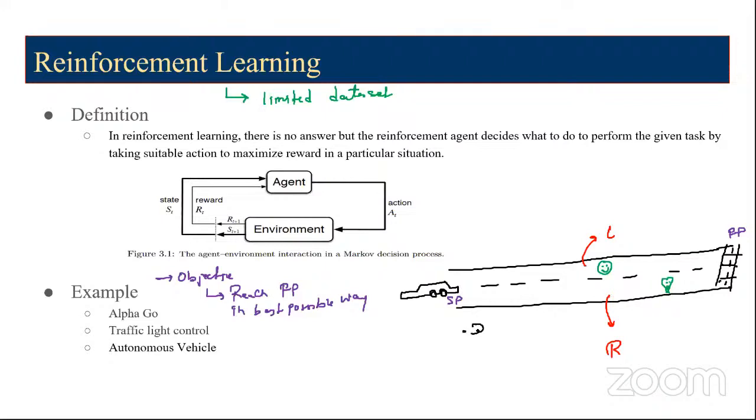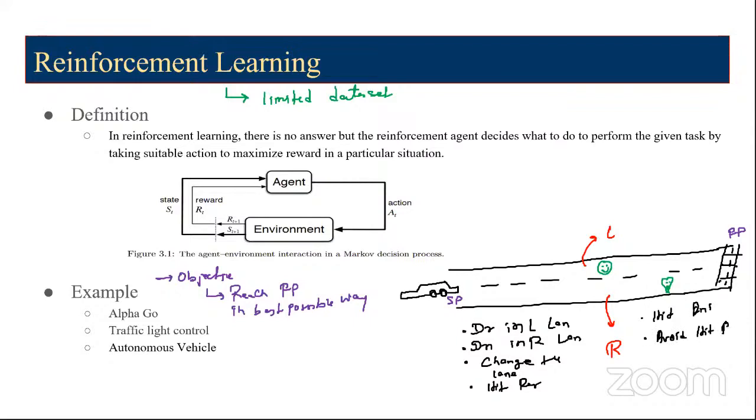Say the actions are: drive in the left lane, drive in the right lane, change the lane, hit the person, hit the animal, or avoid hitting the person, avoid hitting the animal.